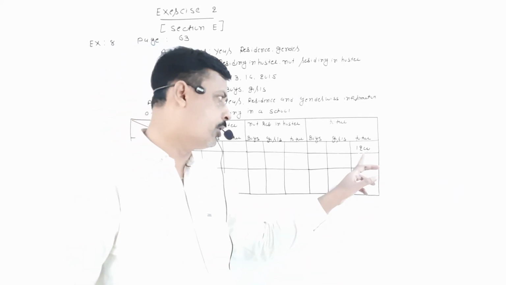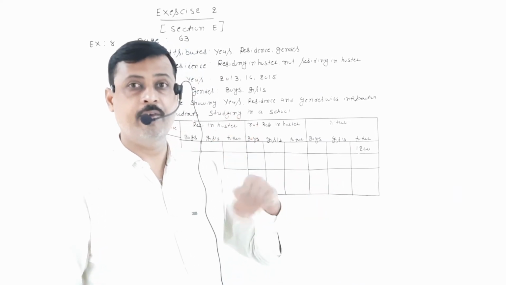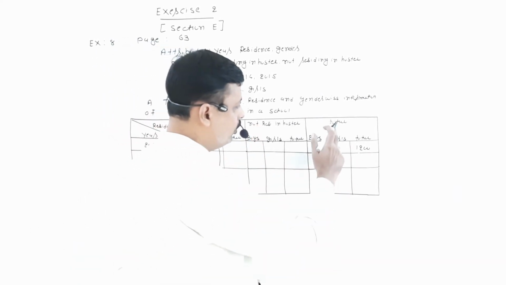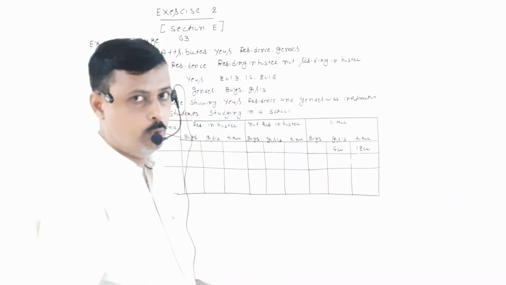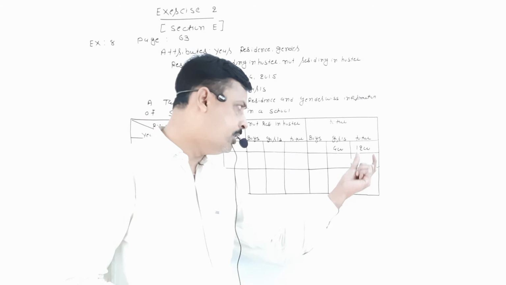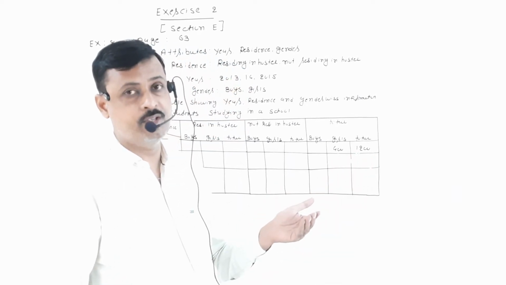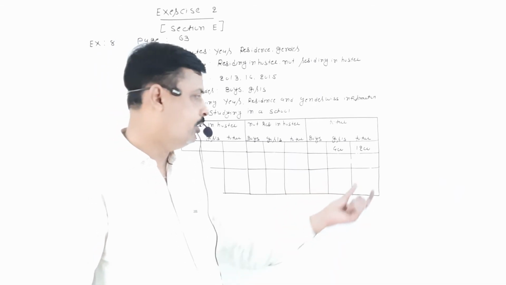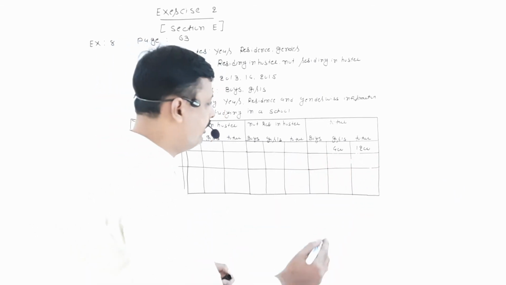Total student 1200, and out of 1200, 400 were girls. So total girls 400. Now think, if in 1200 students 400 were girls, it means remaining were boys. तो 1200 में 400 गर्ल्स है तो बाकी के बॉयज होंगे 800.